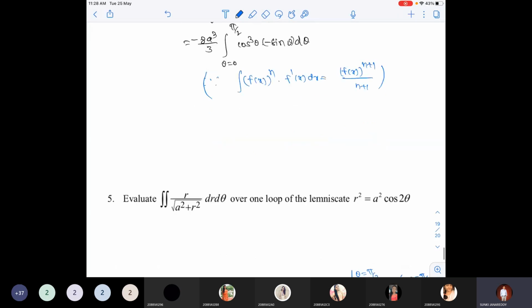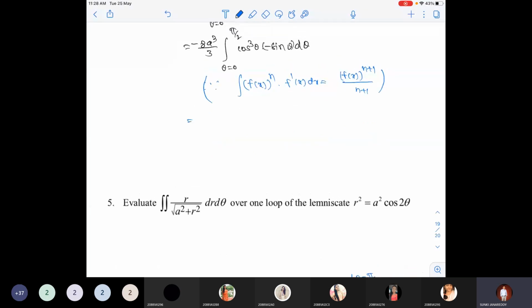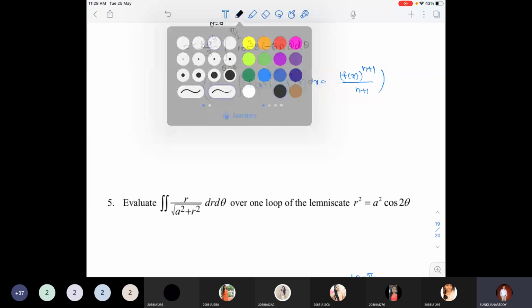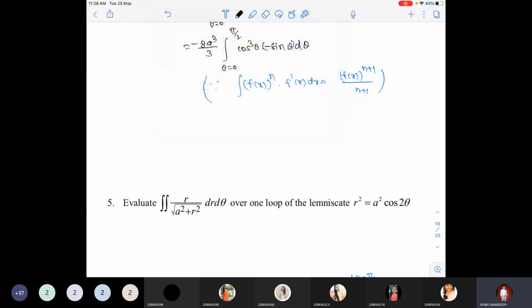By observation of this formula, what we can write here? Minus 8a cube by 3, cos power 4 theta by 4. Here limits are 0 to pi by 2.